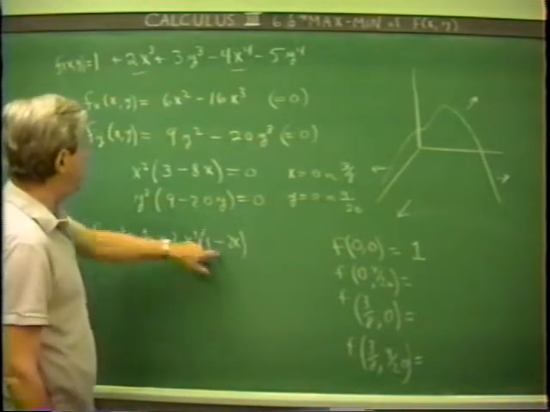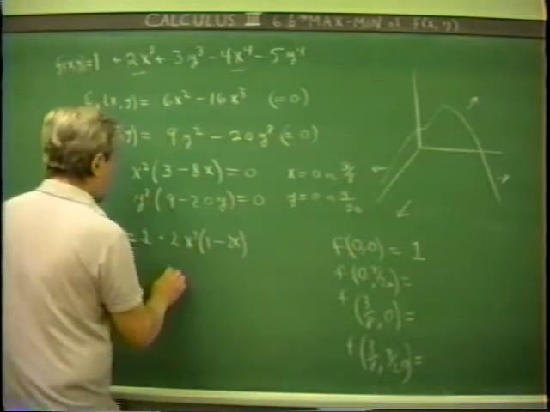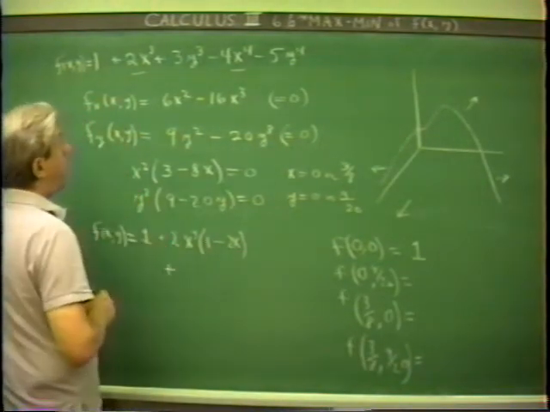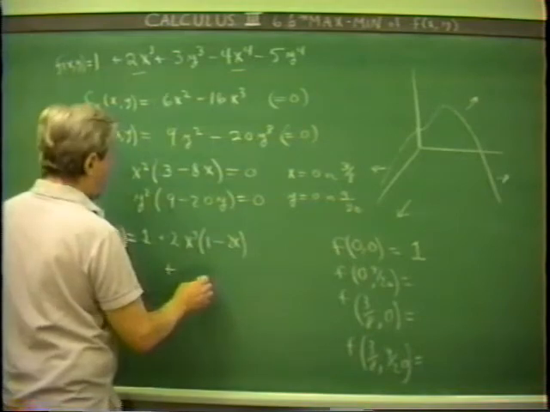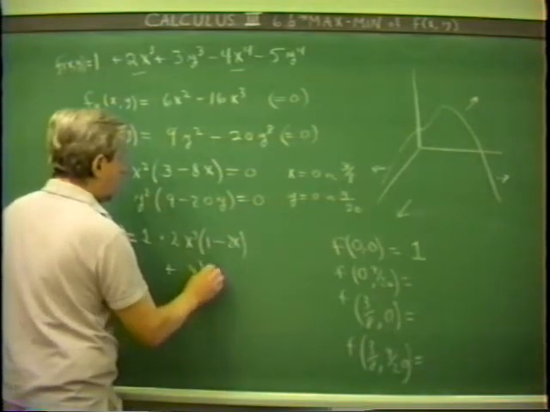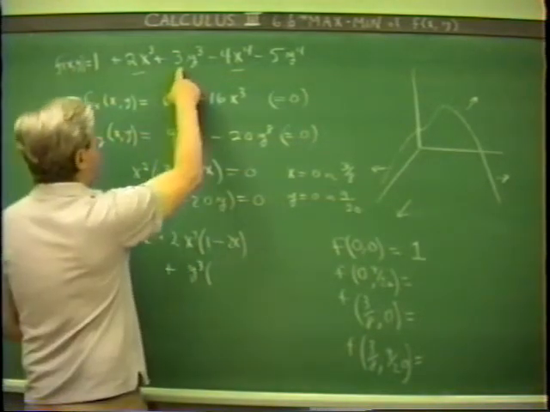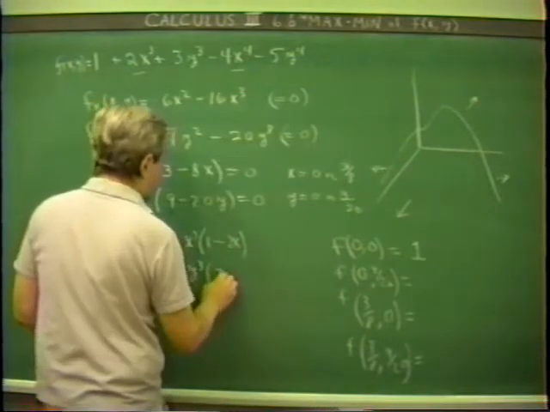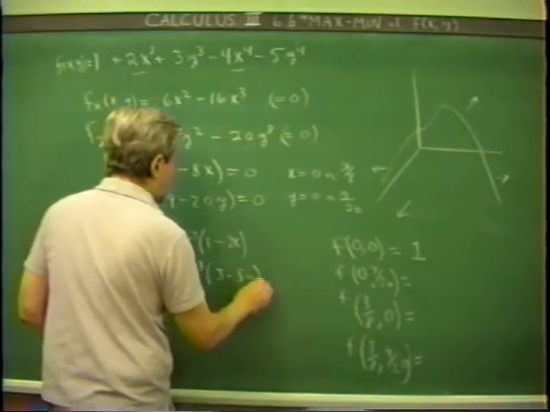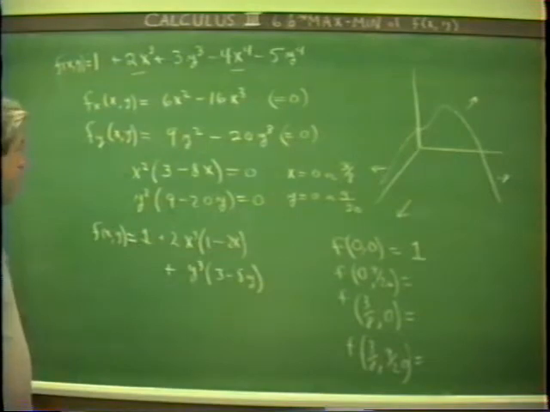All right? 1 minus 2x times 2x cubed will give me these two terms. And then I've got plus, for the y terms here, y cubed times 3 minus 5y.